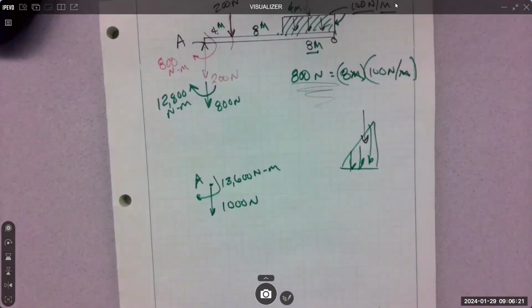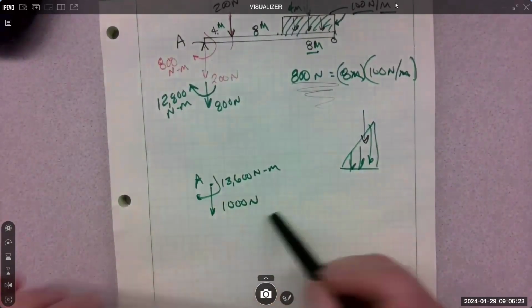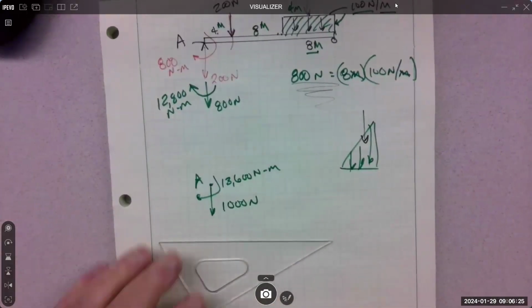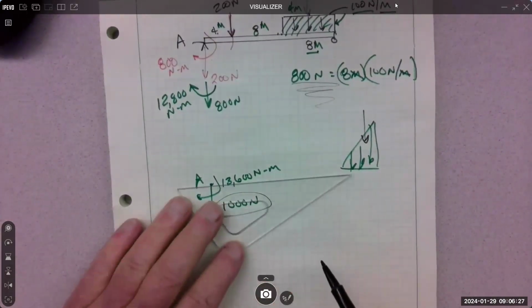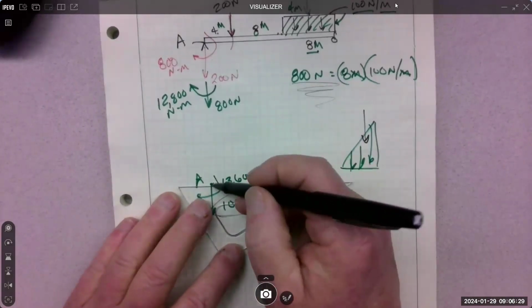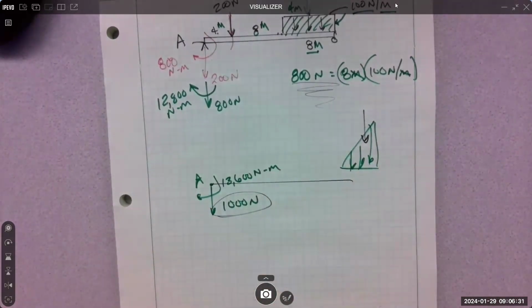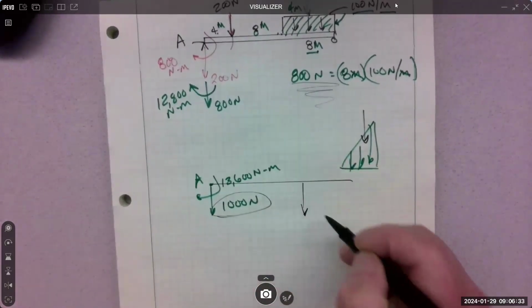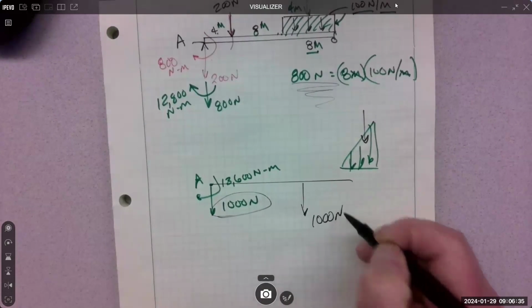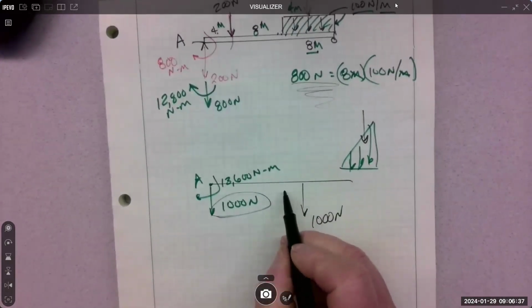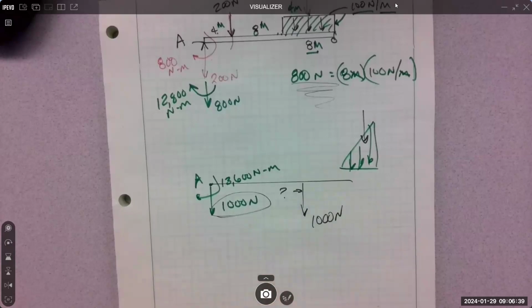And then, of course, we'd want to know where this 1,000 newtons, that's our resultant right here, is on the beam. So here's the beam. It's going to go out here somewhere, 1,000 newtons at some distance, but I don't know how far. I have to use my moment equation to calculate that.